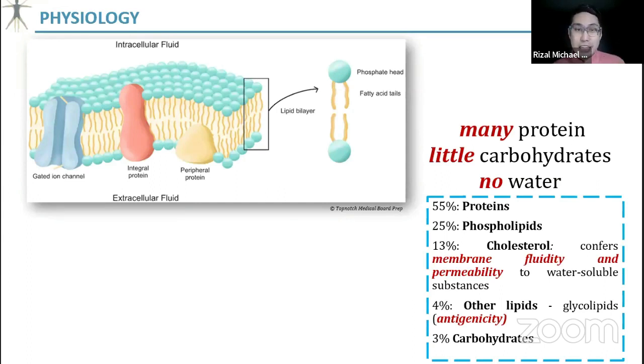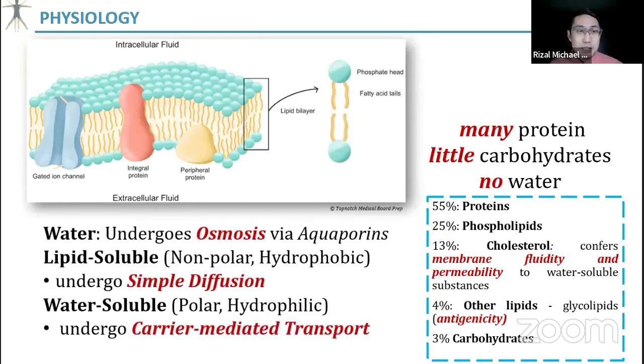Don't be confused by the name: the fluidity of the cell membrane is due to the 13% cholesterol. It's not because of water, because your cell membrane has no water. The antigenicity of the cell membrane is because of your glycolipids.